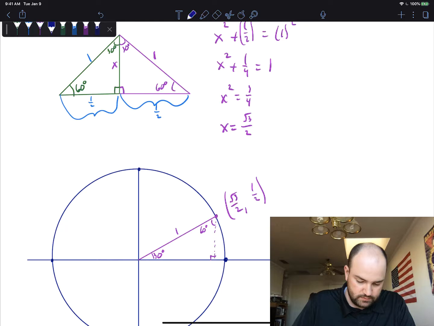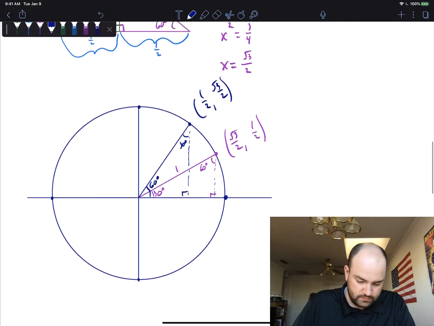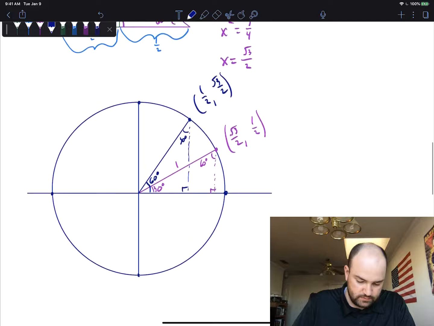Notice, though, that if we do 60 degrees instead of 30 degrees, which would be right there, so I'm making that 60 degrees, that would make this to be 30 degrees, and that would be 90. And basically, everything would switch around, making this 1/2 comma root 3 over 2. And notice that we know those values already, so we're good.